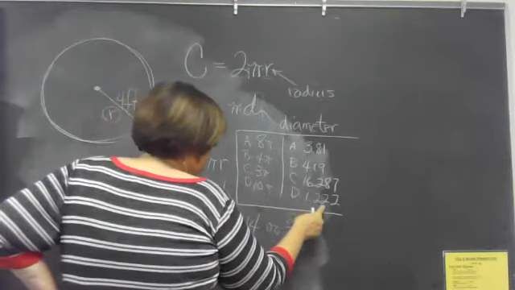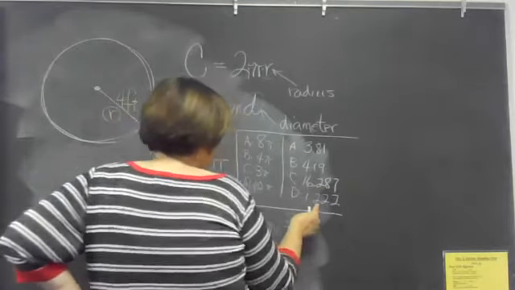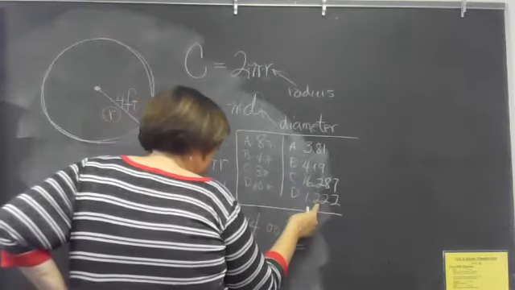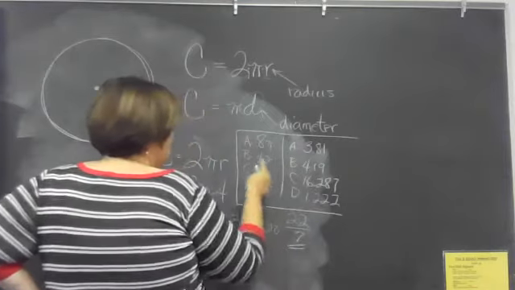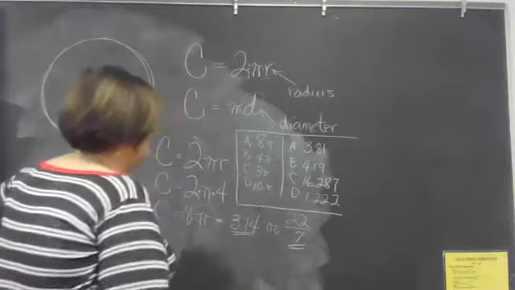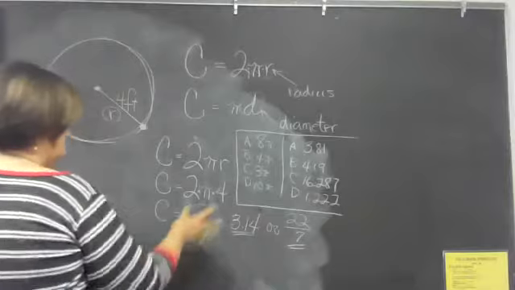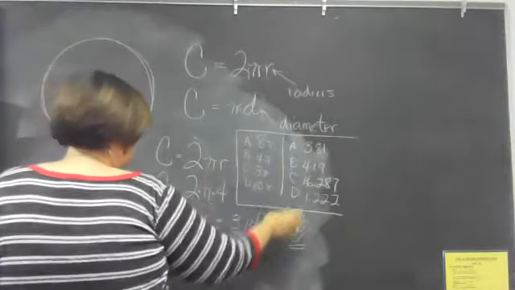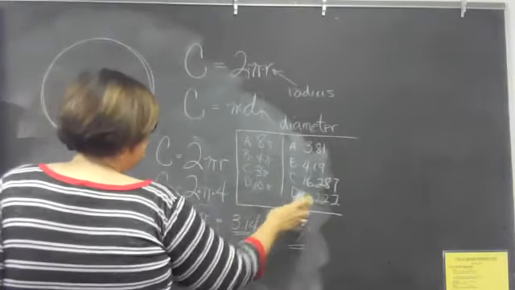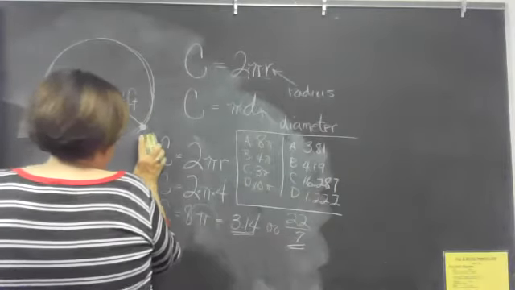If you need this answer, you simply hit the toggle switch and it will give you this. Or if you get a decimal answer and you need the pi answer, push the toggle button and it will give you the answer. Everybody understand? It will depend on how they put the answers in here, whether you use your pi answer or whether you use your decimal answer. And as you work these today, you're going to understand.